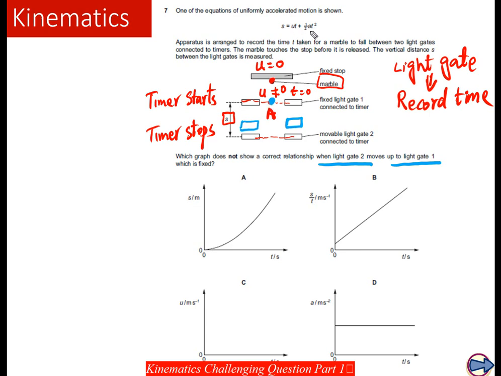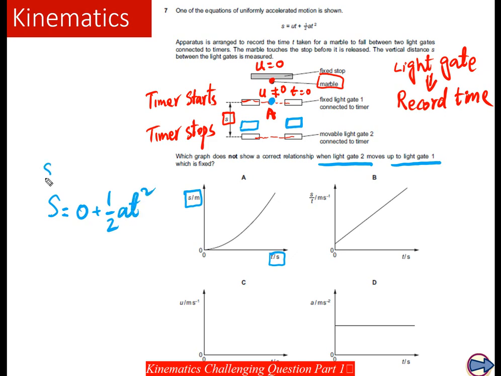Now S is equal to ut plus 1 half a t square. This equation is given to us, and you can see on the vertical axis we have displacement, and on the x-axis we have time. As you can see, if u is equal to 0, we can simply write S is equal to 0 plus 1 half a t square.